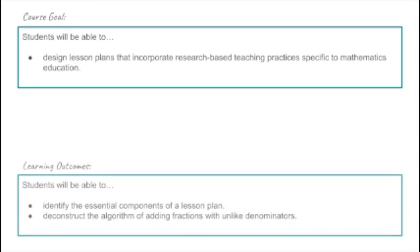For example, identifying the essential components of a lesson plan and deconstructing mathematical concepts like adding fractions in a way students might not have previously. Notice that my learning objectives also use action verbs like my course goals do. A quick Google search of Bloom's taxonomy verbs can help you get started on developing a list of these verbs.